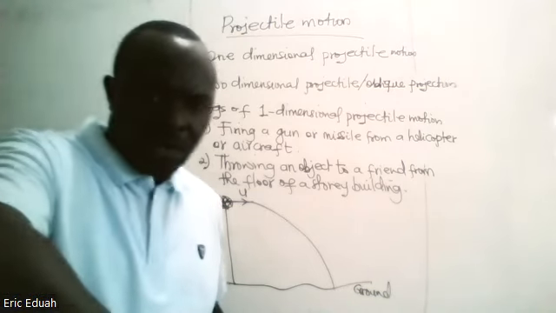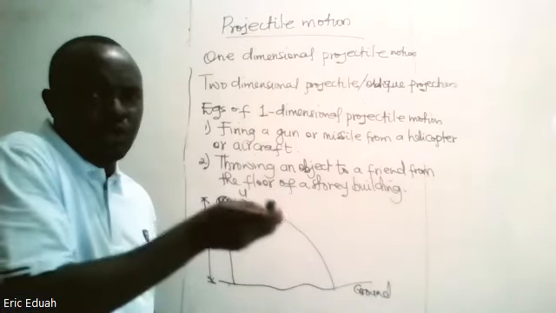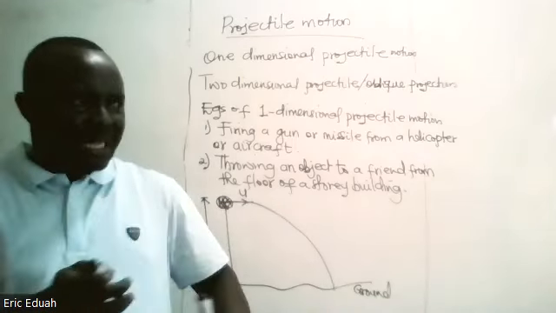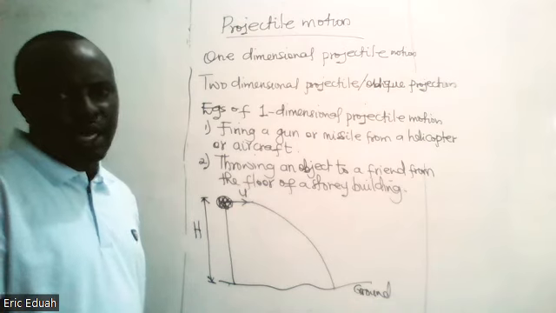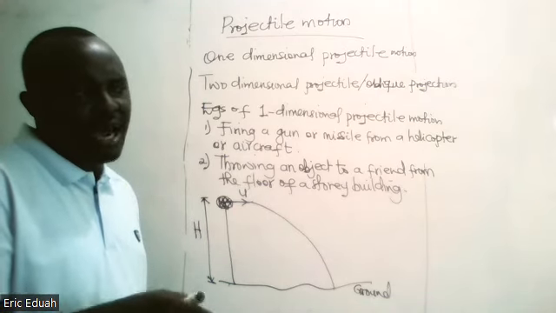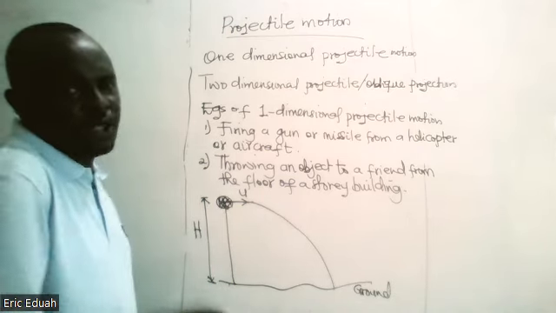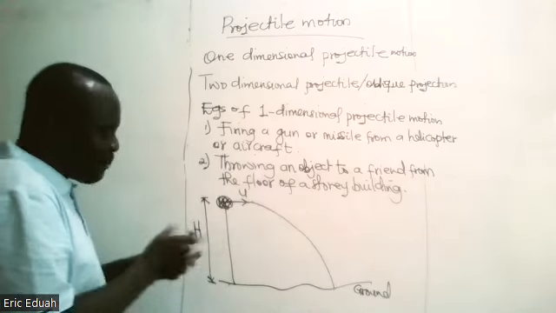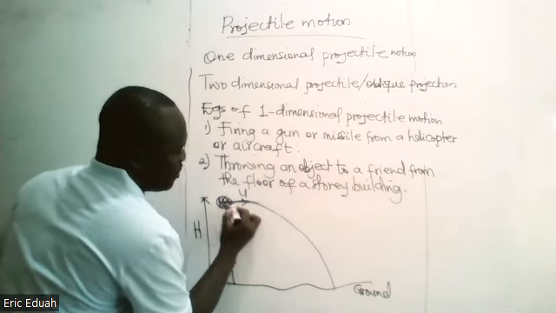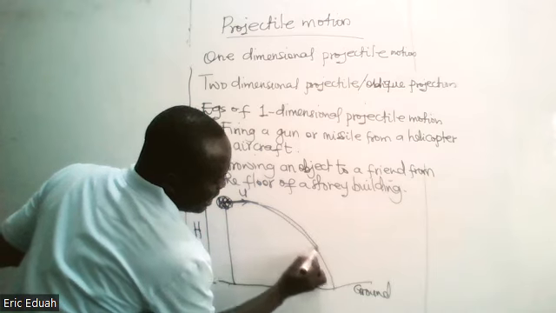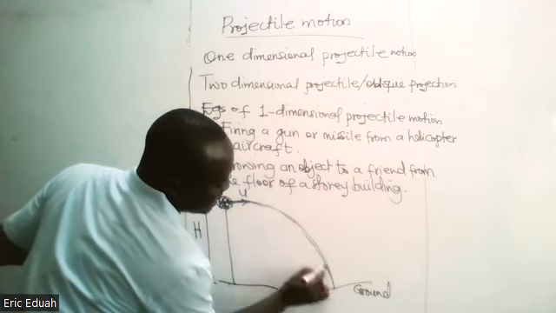It's like having your pen in your hand and throwing it horizontally. You are assuming somebody is at a distance and you are throwing your pen to the person on the floor. Here we don't expect the person to catch the object in the air; it's like throwing it to the ground. So this is the path it will take. It will go horizontal first. The velocity given will be horizontal, and then due to gravity, the object's path will be directed to the ground.